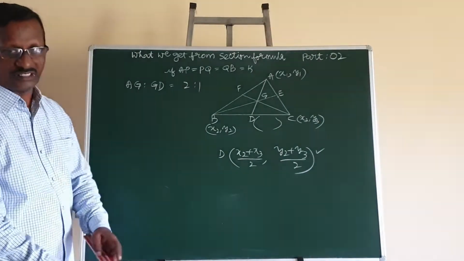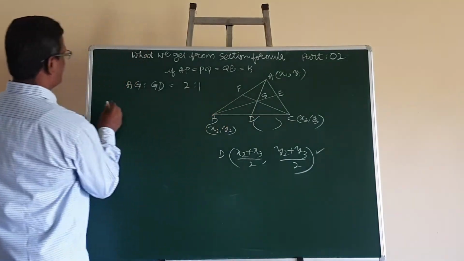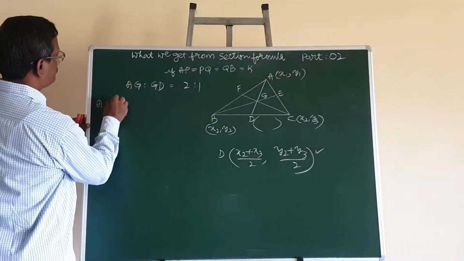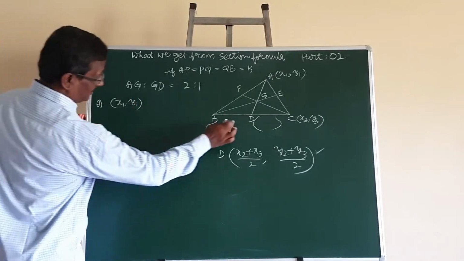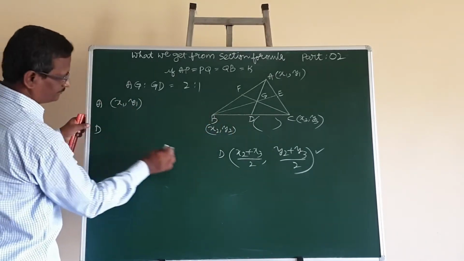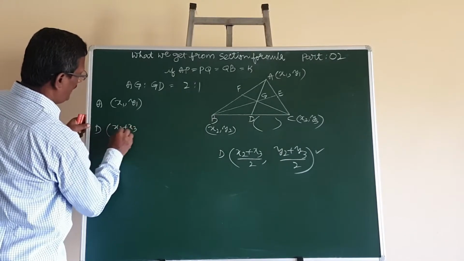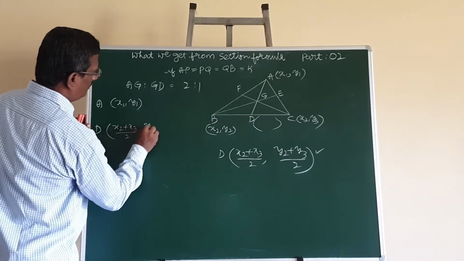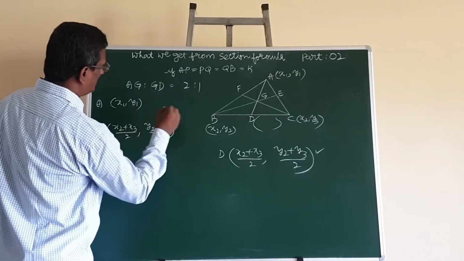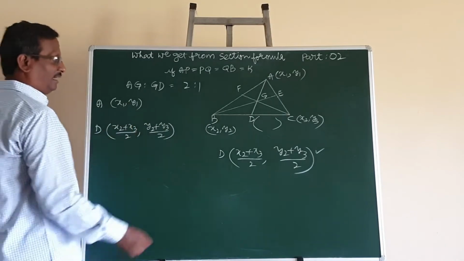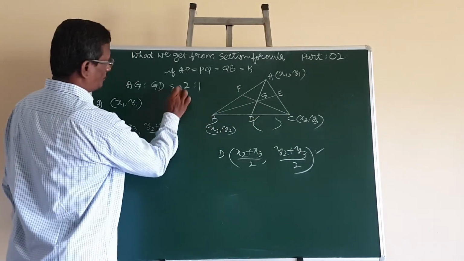Now, we will use the section formula to find the coordinates of point G. For that, A has coordinates (x1, y1), and D has coordinates ((x2 plus x3) by 2, (y2 plus y3) by 2). This AD is divided by the point G in the ratio 2 is to 1.